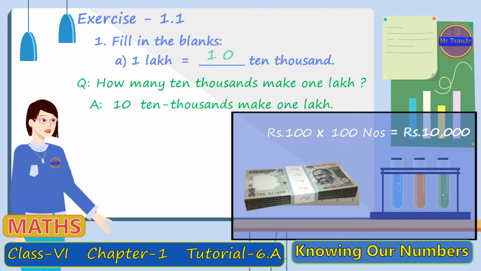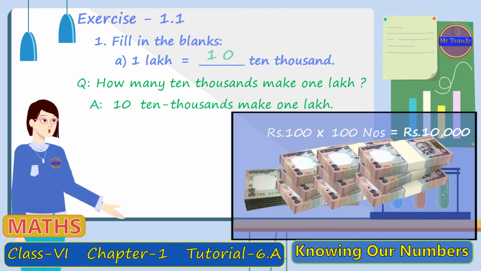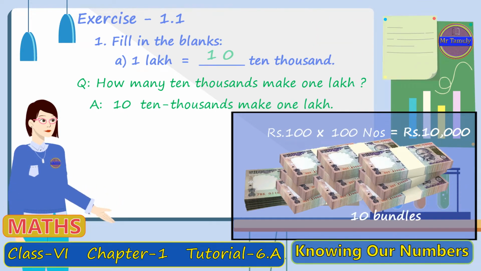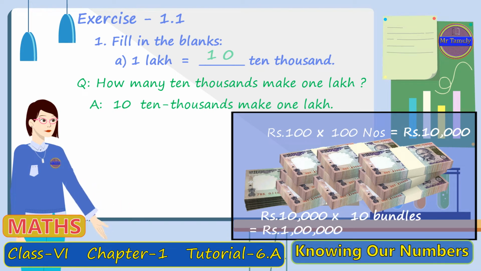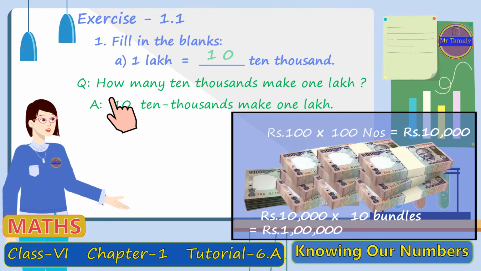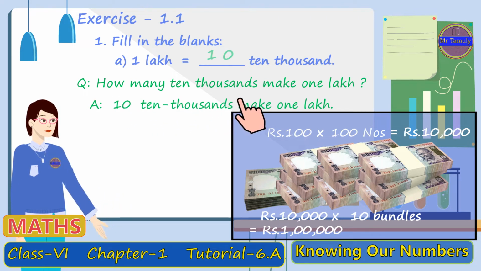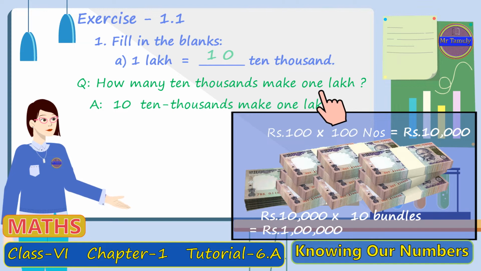Do you know how many such bundles will make 1 lakh rupees? The answer is 10. Because 10,000 multiplied by 10 is equal to 1 lakh. This is actually what the fill in the blanks question is asking you to solve. The real question is how many 10,000s make 1 lakh. Now you know that the answer is 10.